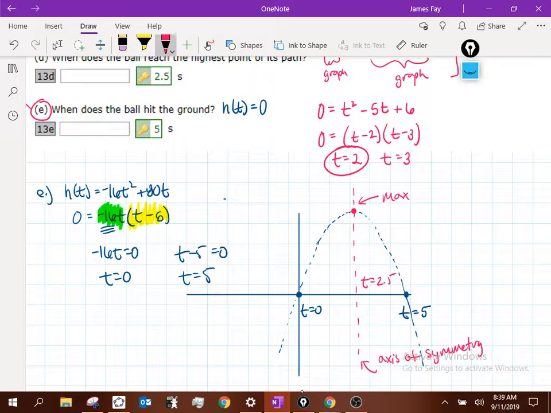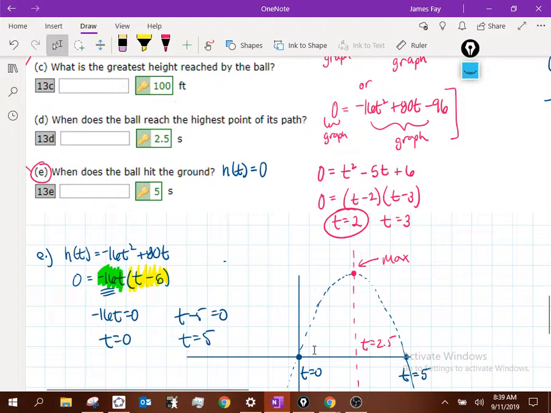Now I want to know what is the actual height. Okay. Well, remember, this is why I've been writing this as h of t is equal to negative 16t squared plus 80t. Because when I plug in a t value, it's going to give me a height at that t value, right?